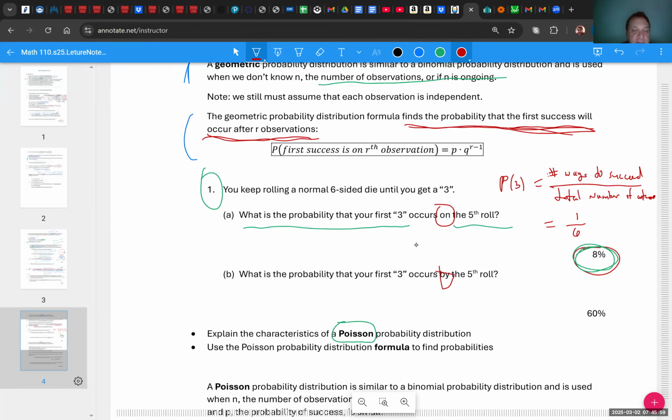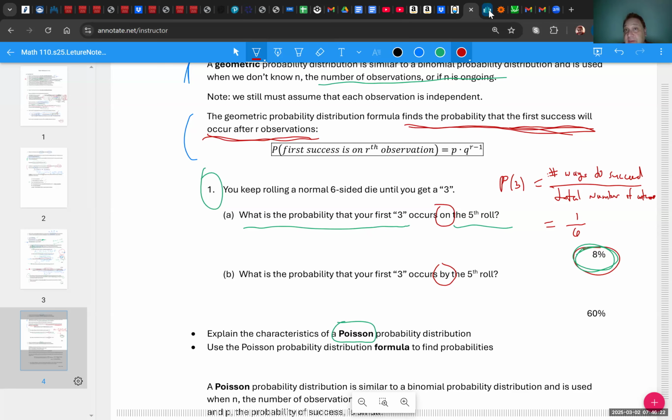All right. That one little 2-letter word, if you say on the 5th roll, that means it has to be exactly on the 5th roll. By the 5th roll means you can get your 3 on the 1st roll, 2nd roll, 3rd roll, 4th. You can get it on any of the rolls, but it has to be by the 5th roll.